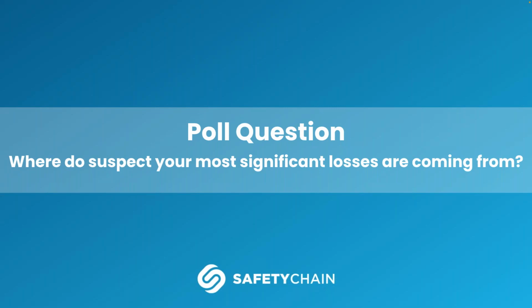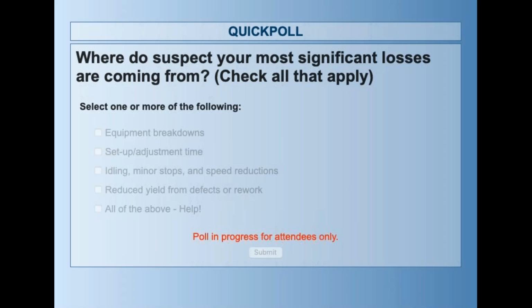This is fascinating. Really quick, based on what we just saw, we're going to do another poll question, Vern. Same sort of scenario: we're not taking your name, we're not going to show your name, but I'd like to get everybody. Let's see if we can get two-thirds voting again. What do you suspect your most significant losses are coming from? This is one where you can check multiple things, right?